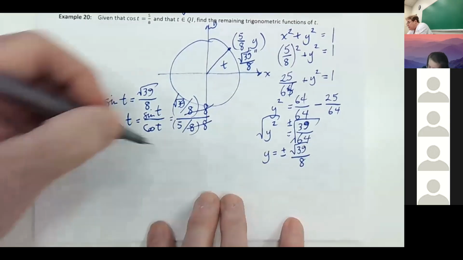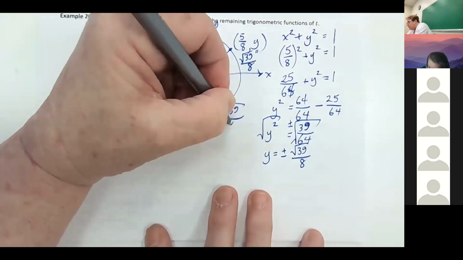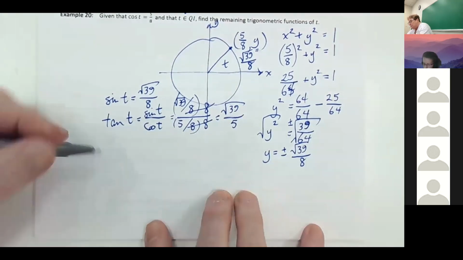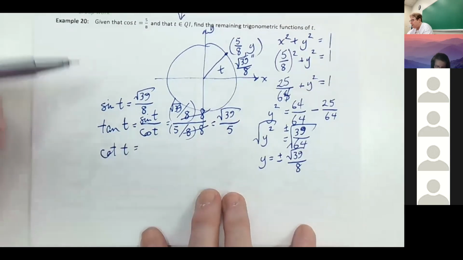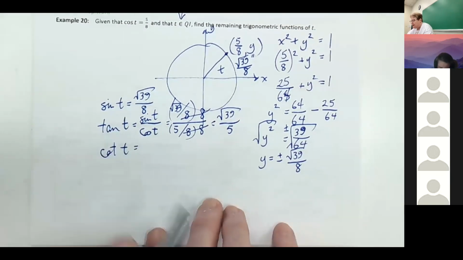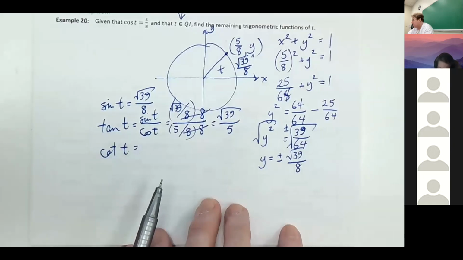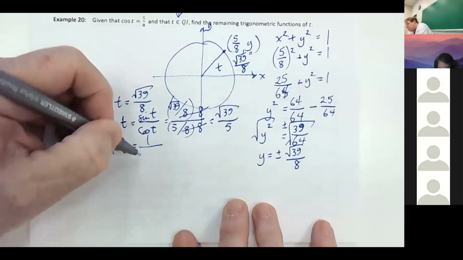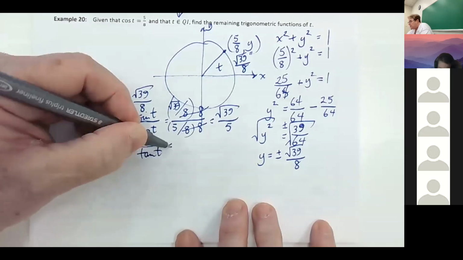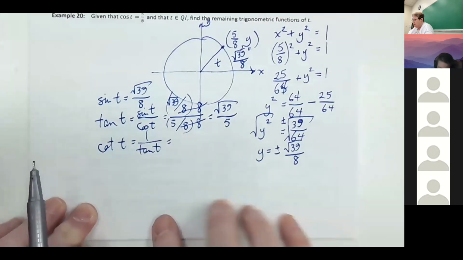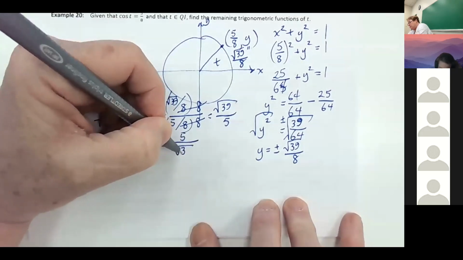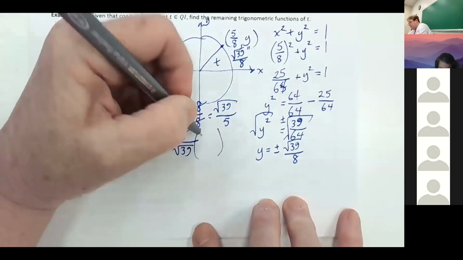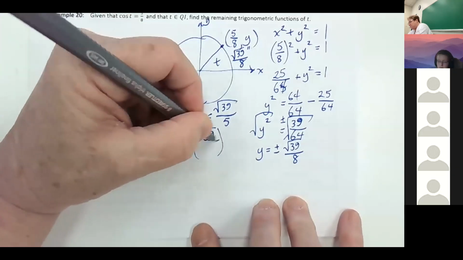And we're left with the square root of 39/5. How can we find the cotangent? Do you want to use cosine over sine or 1/tangent? Okay. So what is the reciprocal of the tangent? Awesome.